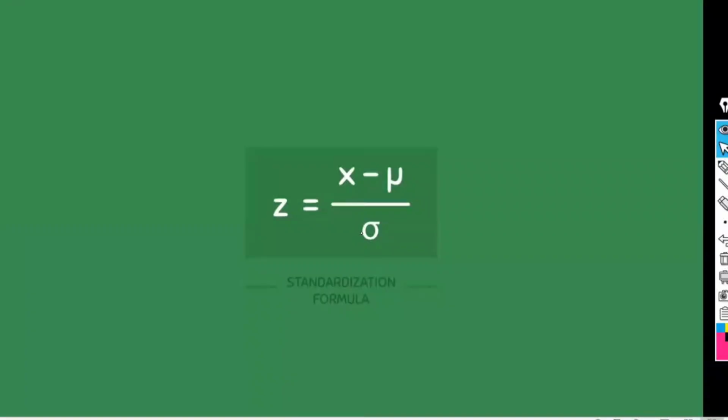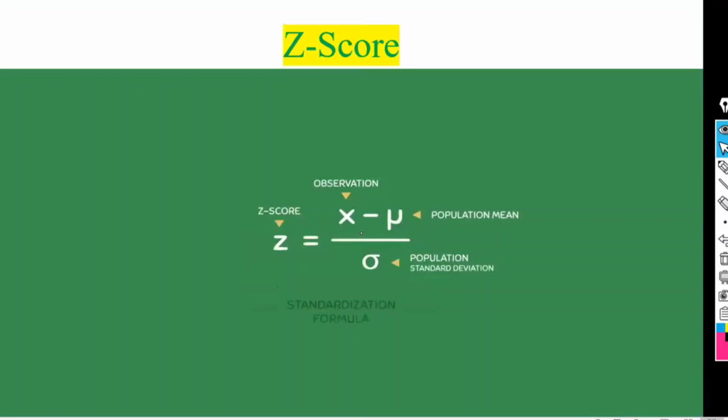Each value minus its mean divided by sigma is called the z-score. Z is x minus mu divided by sigma. Here, x is the observation, mu is the mean, and sigma is the standard deviation. For each and every value, you are going to calculate the corresponding z-score.